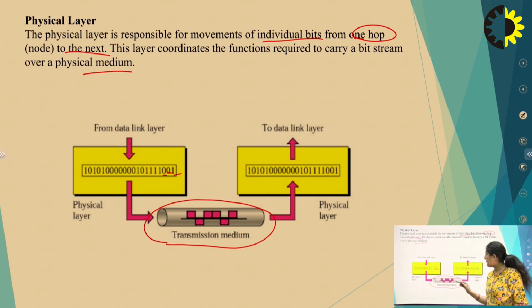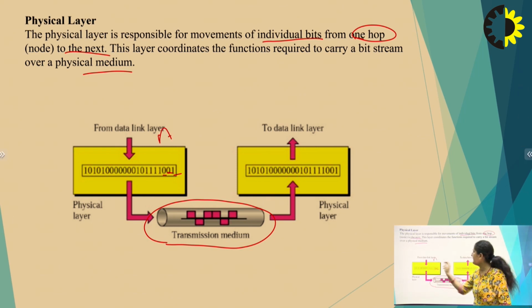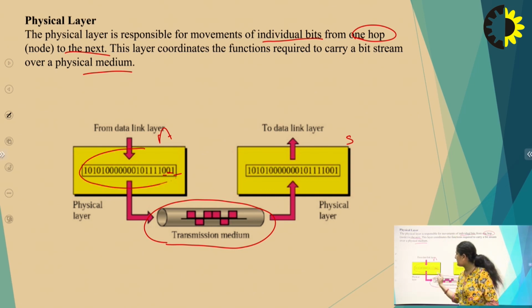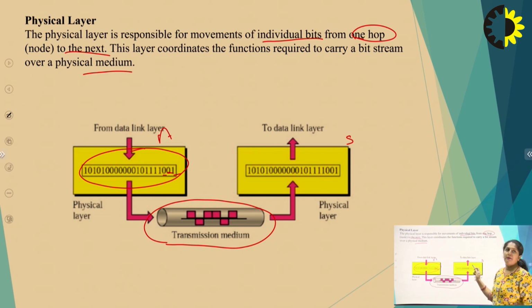So all are cables, and then the transmission is done to the other side, between a sender and a receiver. The sender sends the data, which comes from the data link layer to the physical layer. This changes into bits, zeros and ones. This travels through a transmission medium to the receiving point, and from that it goes up to the upper layer, the data link layer.